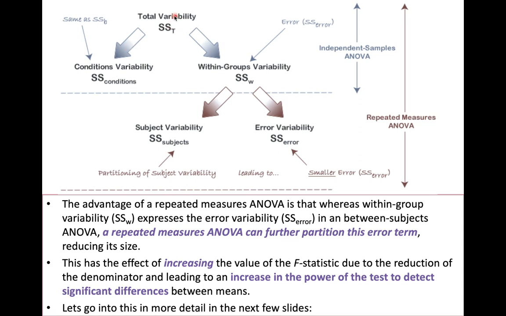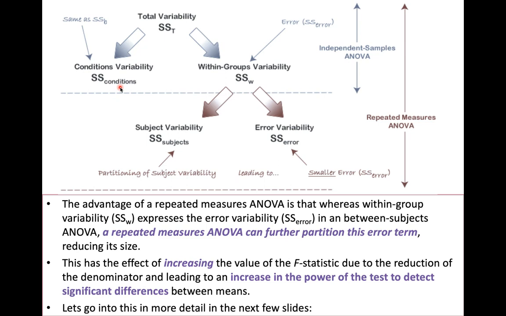We can divide that total global variability into variability that's due to changes in our conditions. So chocolate versus lemon versus caramel, right?